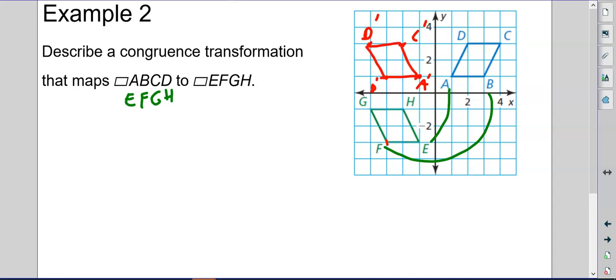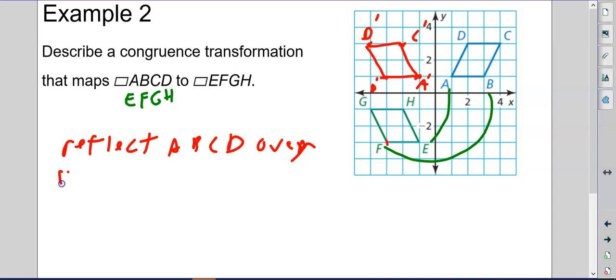So what's my answer? First off, I need to reflect A, B, C, D over the y-axis. I put my y there. That's step 1.